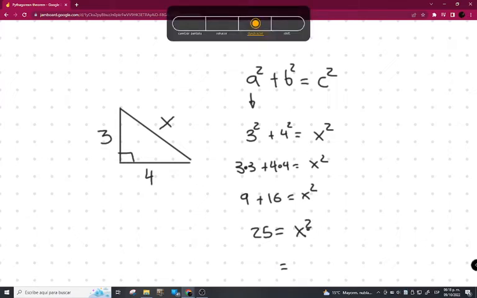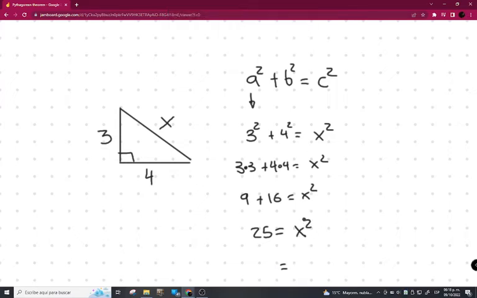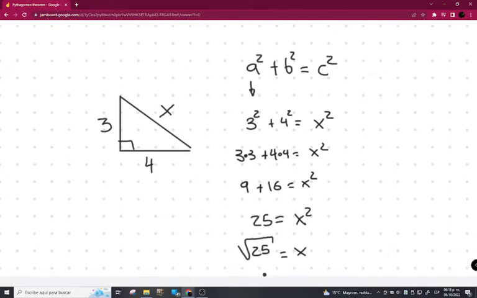In this case, since we have exponent 2, we are going to have a square root on the other side. And in order to find this square root, we only need to find a number that multiplied by itself is 25.